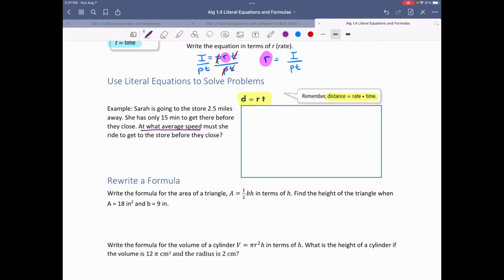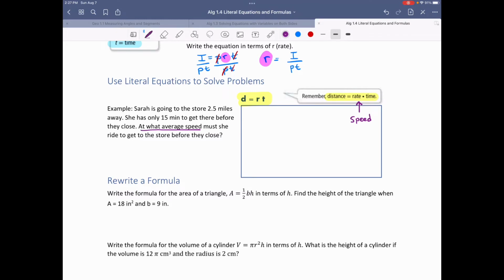And so we want to solve for speed. Well, rate and speed are the same thing. So just remember that. Speed and rate mean the same thing.